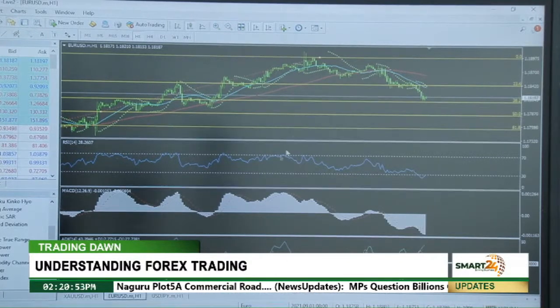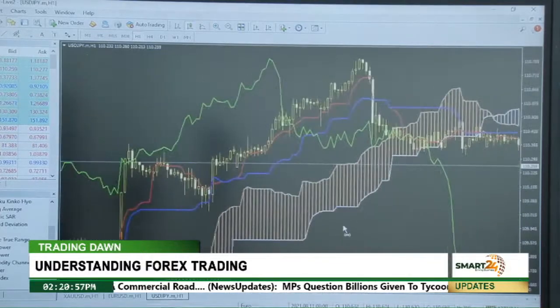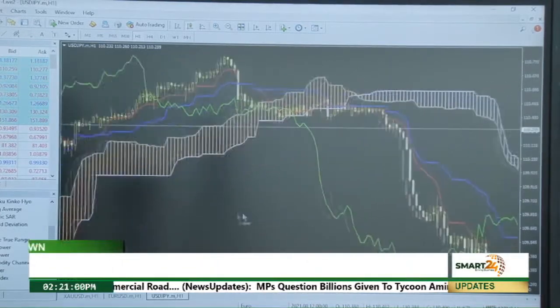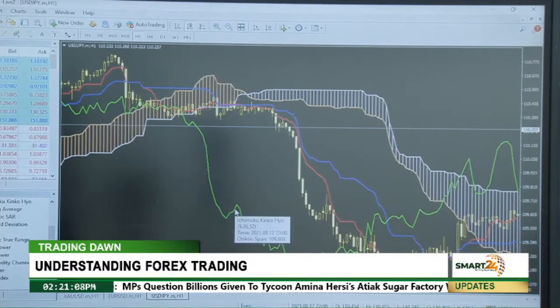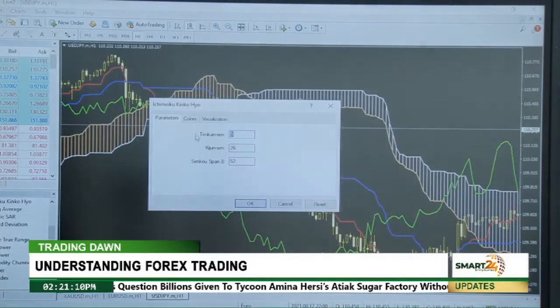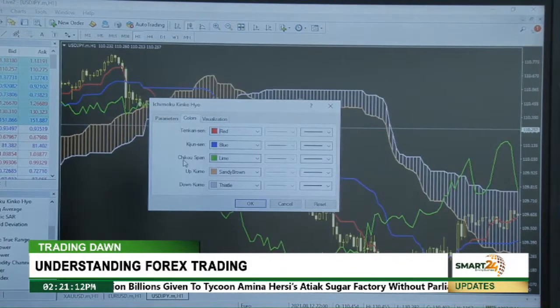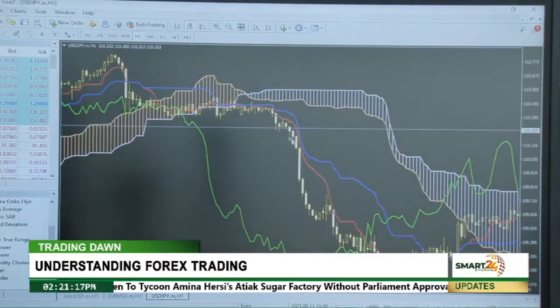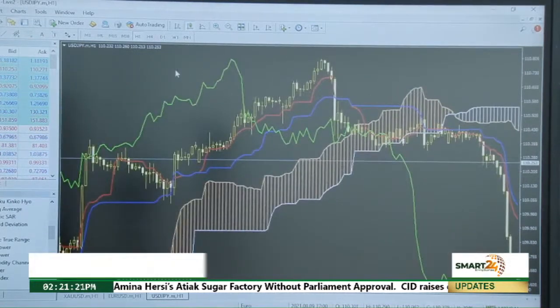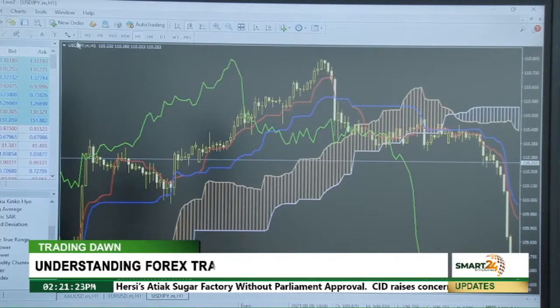So that thing I was telling you about, the Ichimoku. Price movement in the Ichimoku is mirrored in this green line, called the Chiku span. The Chiku span mimics price movement and takes it back about 26 periods.